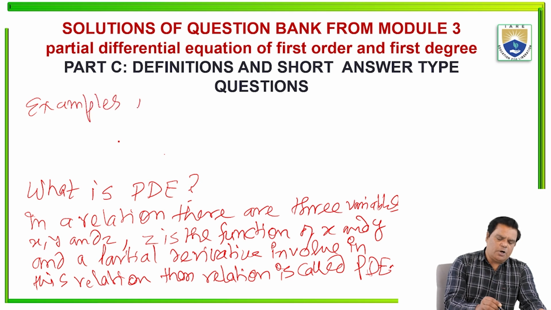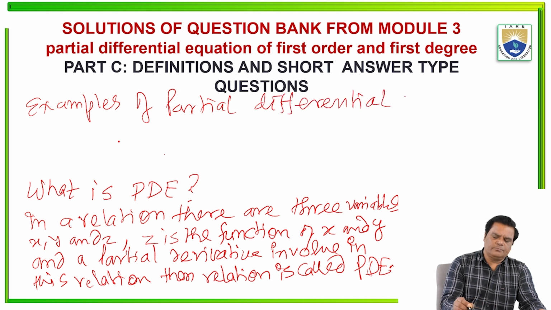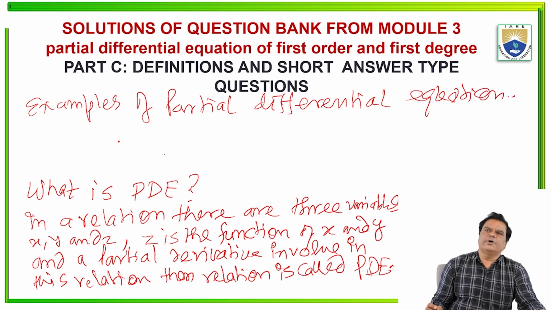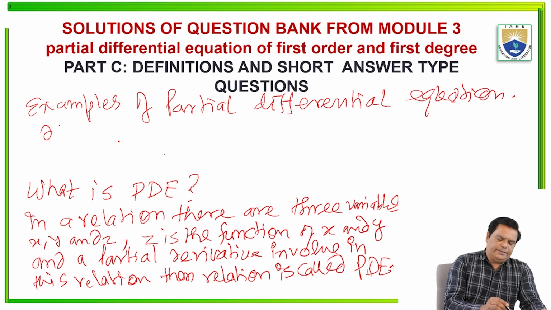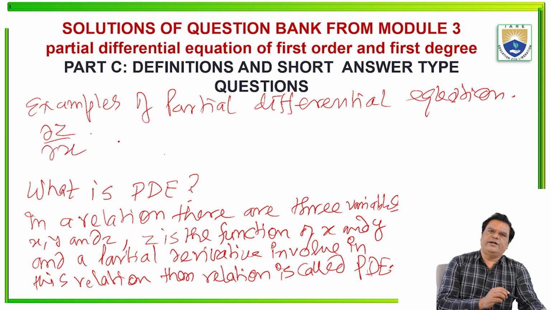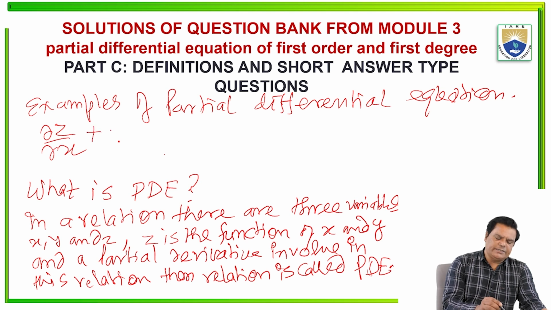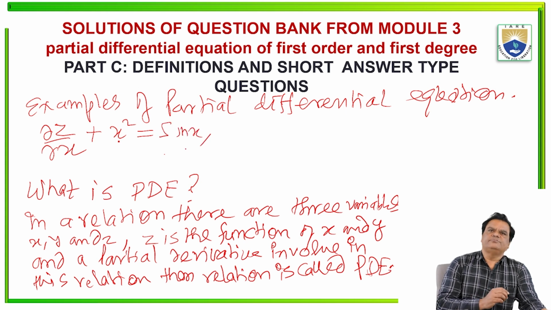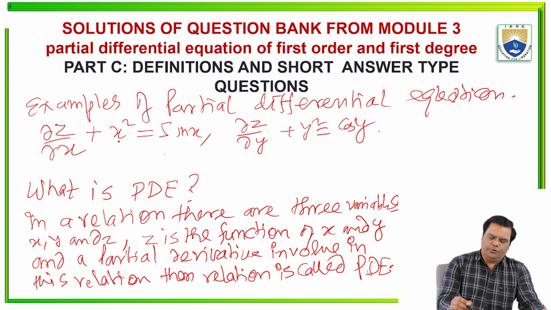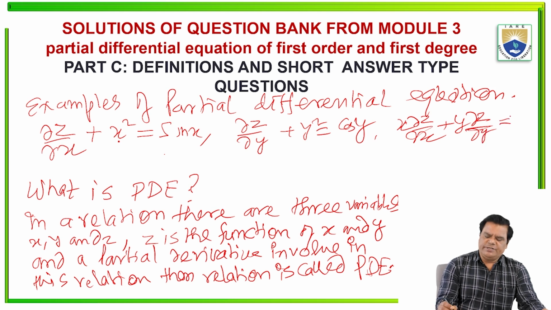Okay. ∂z/∂x plus x² equal to sin x. ∂z/∂y plus y² equal to cos y. x ∂z/∂x plus y ∂z/∂y equal to z.